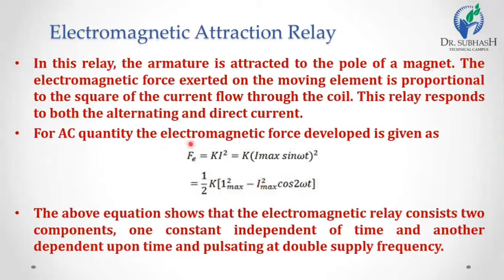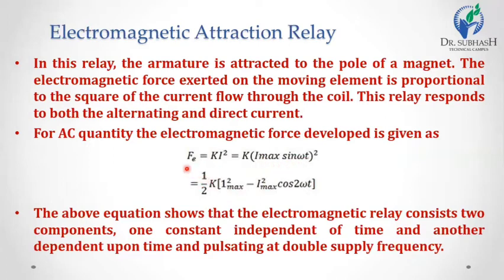For AC quantities, the electromagnetic force developed is given as Fe = K I squared, where K is the electromagnet constant and I is the current flowing in the relay. It is squared, where I is I max sine omega t.